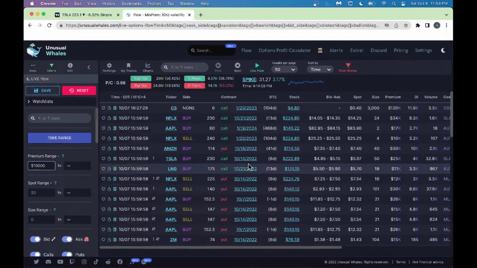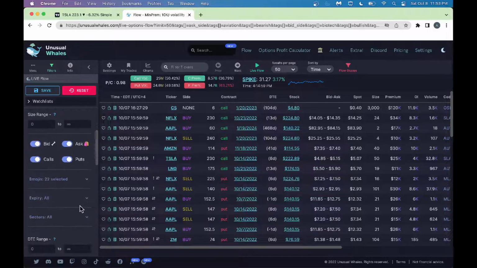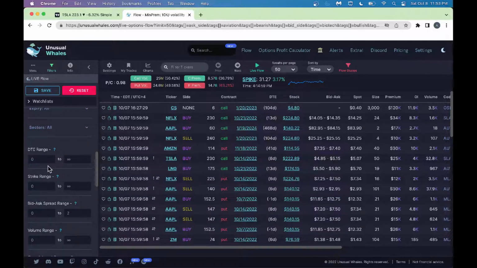That will get rid of a lot of smaller premium stocks. And many of you may not want to look at too long term. Many folks want to do swing trading. So if you're a swing trader, I would say go right here. There is a days to expiration.